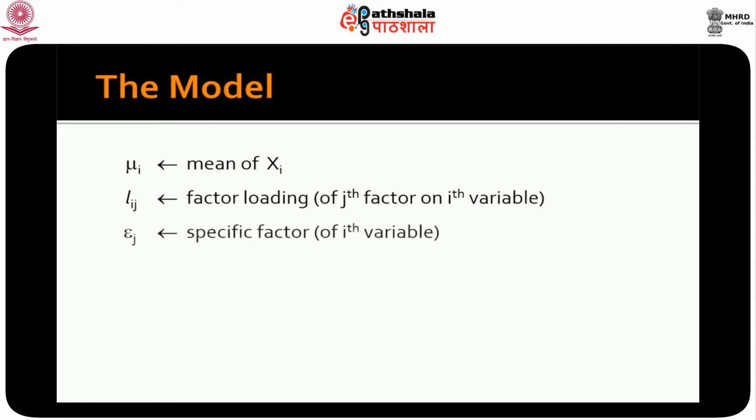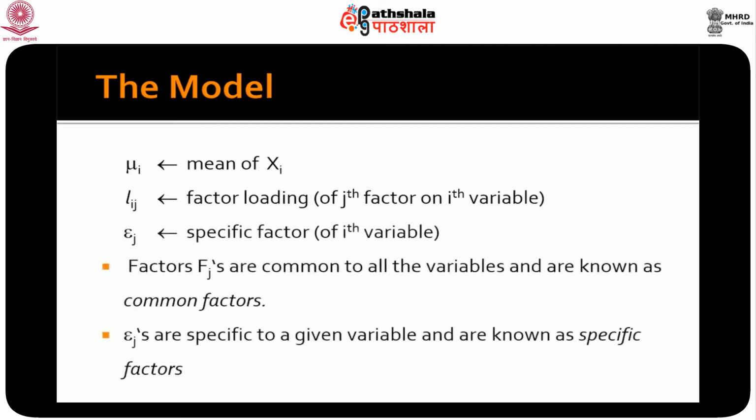Lj1, Lj2, ..., Ljp are referred to as the factor loadings for the jth variable. The coefficients are referred to as the loadings. So, if you look at x2 for instance, then L21 is the loading of the first factor in x2, and L2p would be the loading of the pth factor.